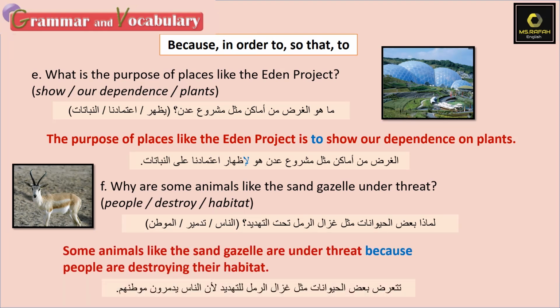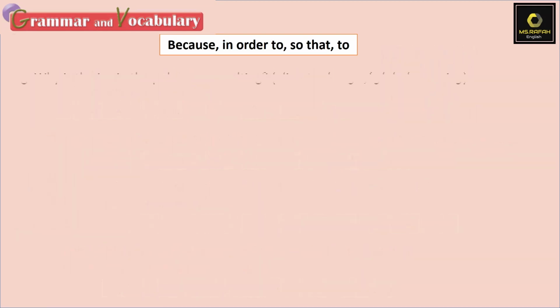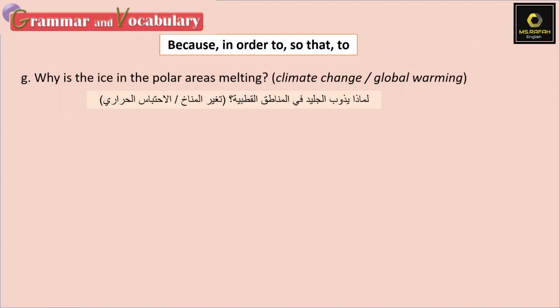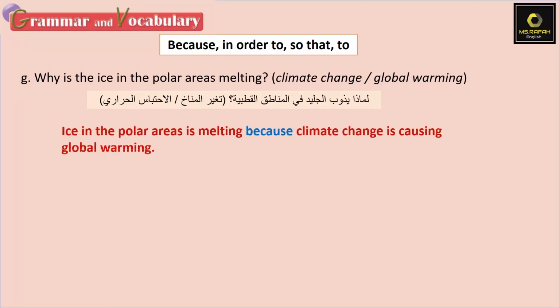Some animals like the sand gazelle are under threat because people are destroying their habitat. Why is the ice in the polar areas melting? Ice in the polar areas is melting because climate change is causing global warming.